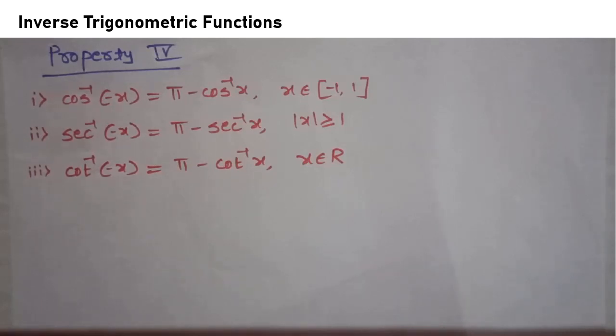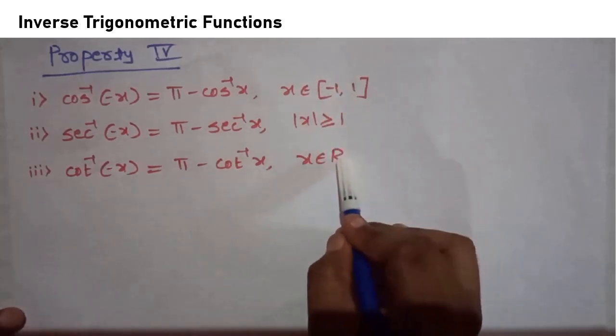The second one is secant inverse of minus x is pi minus secant inverse x, where mod x is greater than or equal to 1, or x belongs to the set of all real numbers excluding minus 1 to plus 1. And the third one, cot inverse of minus x is pi minus cot inverse x, where x belongs to the set of all real numbers. So these conditions are very important.